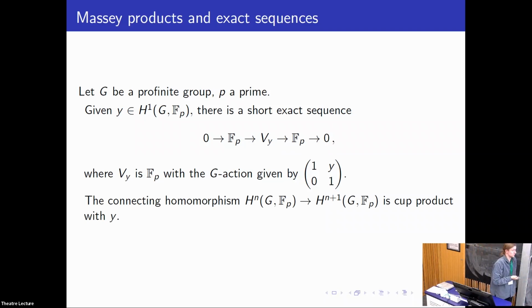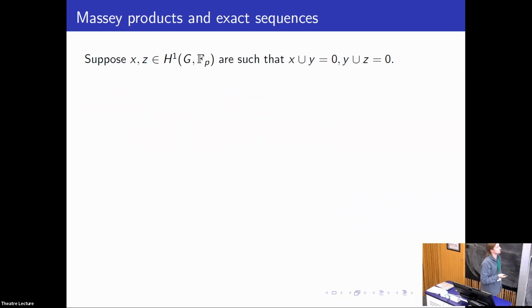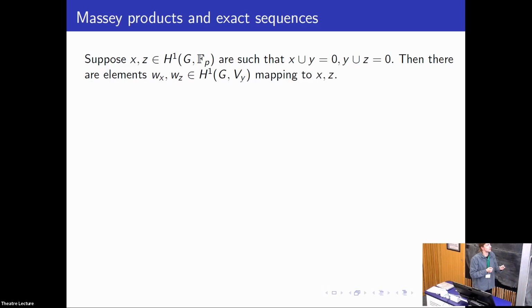That's not surprising at all. Suppose now that we have further classes x and z in H^1, and suppose that x cup y is equal to 0 and y cup z is equal to 0. This is required for the Massey product to be defined. Then there will be elements w_x and w_z in H^1(G, V_y) that map to x and z.